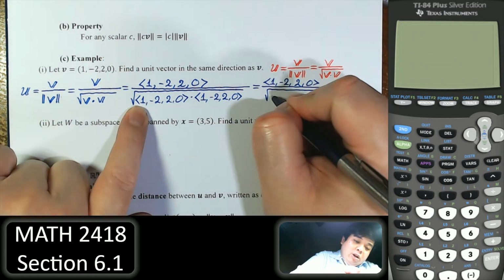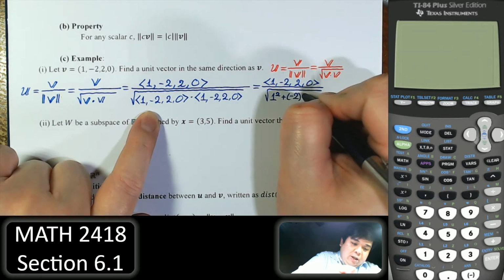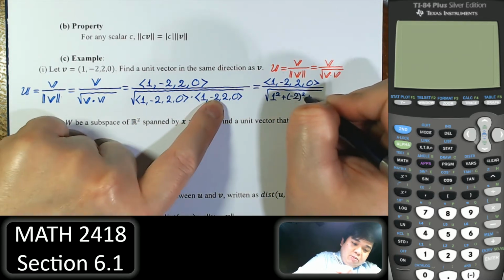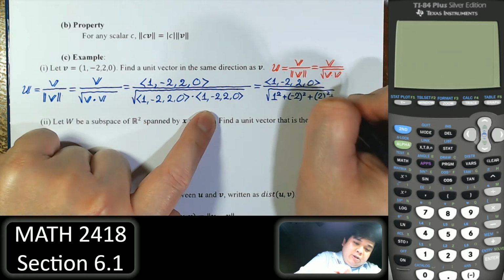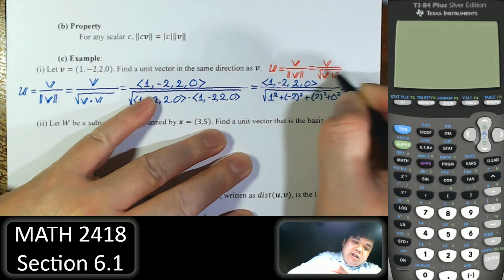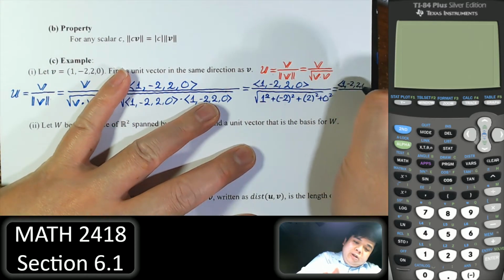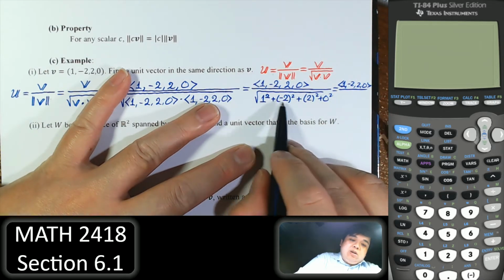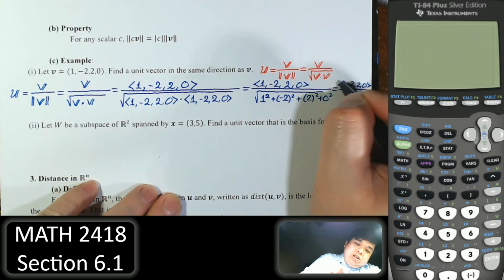So 1 times 1 is 1 squared, negative 2 squared, and then 2 squared, 0 squared is 0. So we just have 1, and 4 and 4 and 1 is 9, square root of 9 is 3. So we just divide everything by 3.